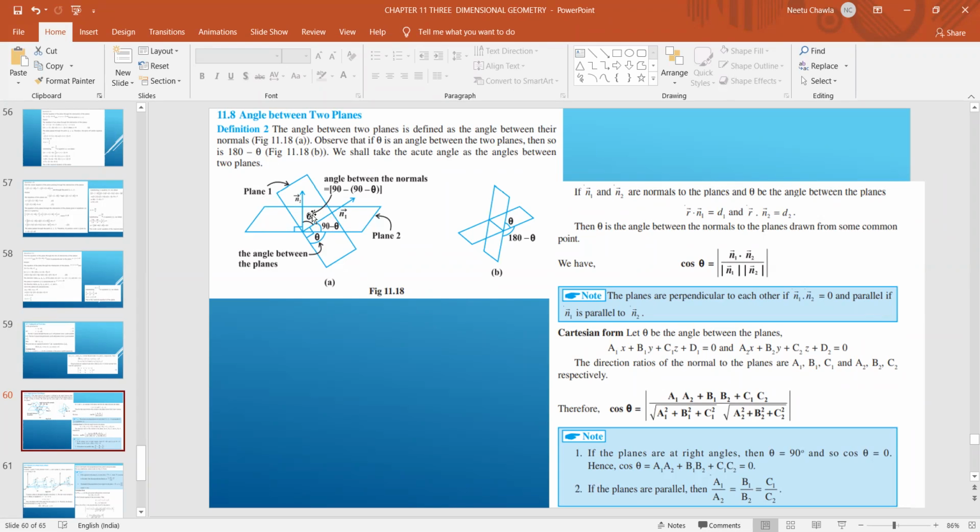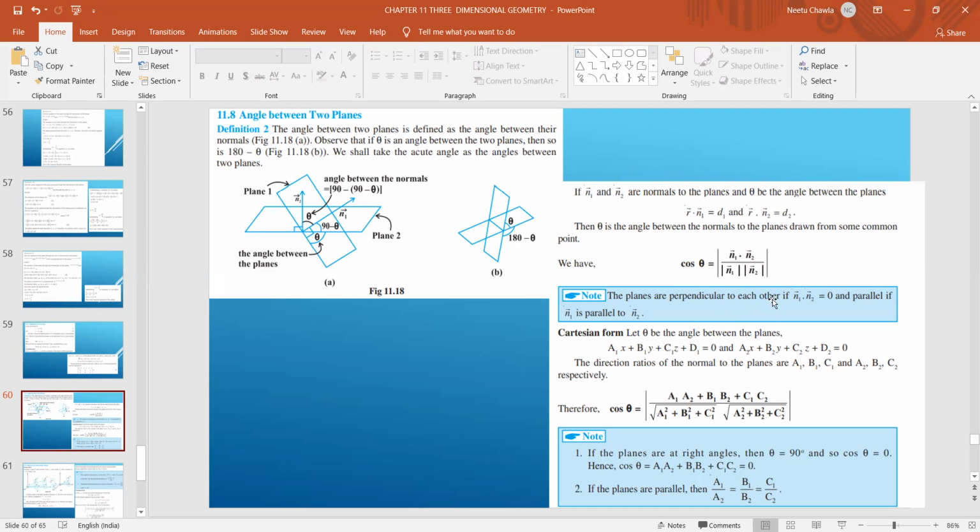How are we supposed to find it out? The two planes are given by r vector dot n1 vector is equal to d1 and r vector dot n2 vector is equal to d2. Theta is the angle between their normals to the planes, drawn from some common point, and we get cos theta is equal to n1 dot n2 vector upon modulus of n1 and n2.